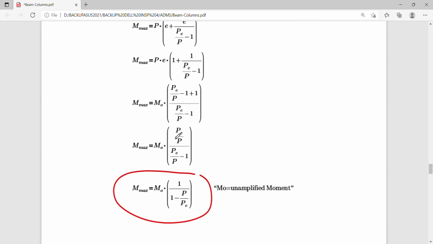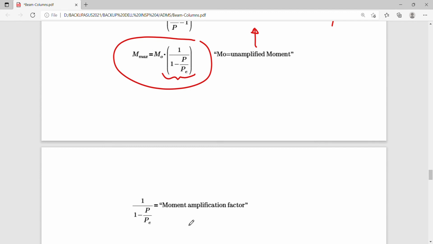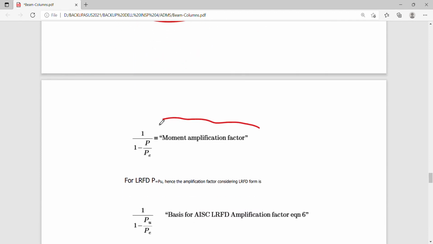Okay, wherein your PE here is simply equivalent to MO, and MO is what you call the unamplified moment coming from the first order analysis. So this is now your magnification factor as described on this.